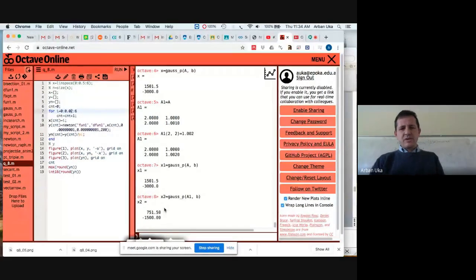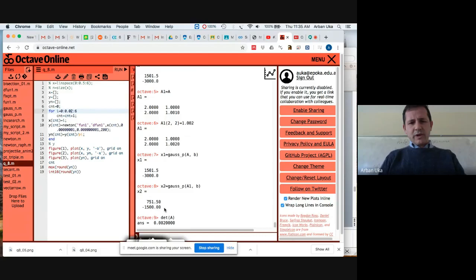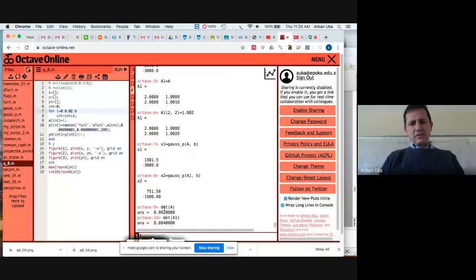So you can see how much different these two answers are just by changing 0.1% of a single coefficient in a single number in a coefficient matrix. And the reason for these two is that the determinant of matrix A is 2 to the power minus 3. That's the epsilon, it's very small, and the same one is 4 to the power minus 3.